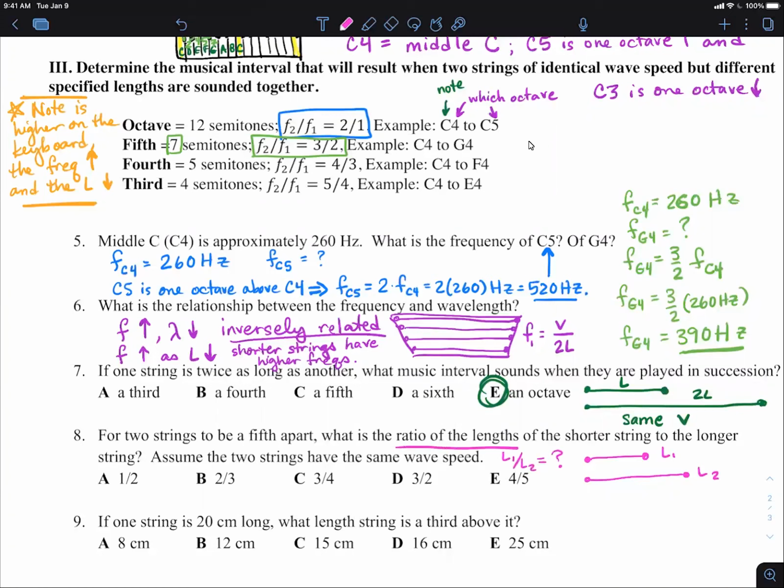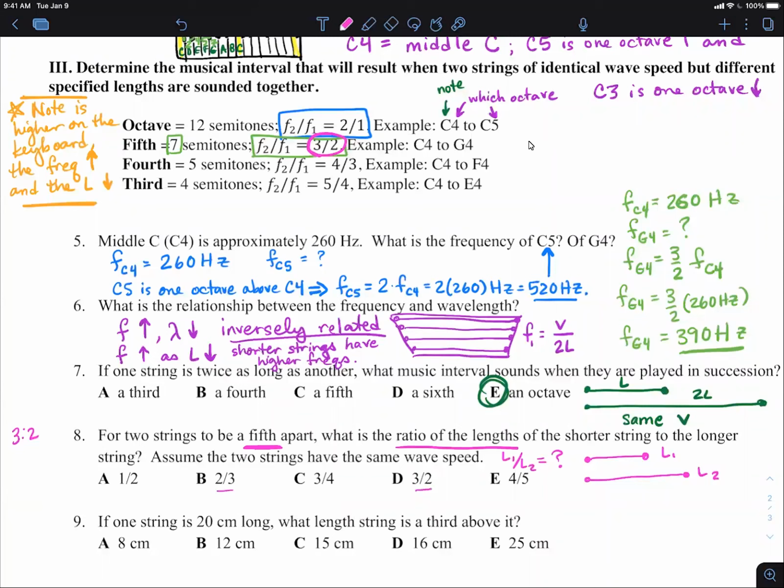Okay. Now, the clue here is that we're talking about a fifth. So we come here to this line and we see that the ratio for a fifth is 3:2. Now we have to say, well, does that mean it's 3/2 or does that mean it's 2/3? We know that it has to be a 2 and a 3, but which is it?